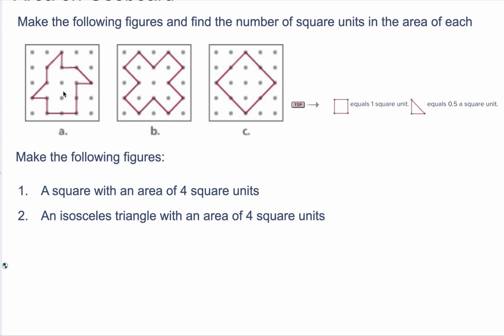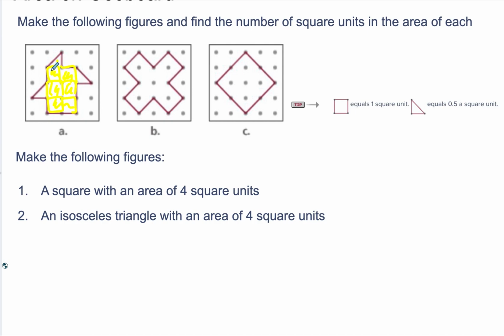To calculate how many square units there are, we can simply count. So I can count, let me see. Okay, this is 1 square unit, another square unit, 2, 3, 4, 5, 6.